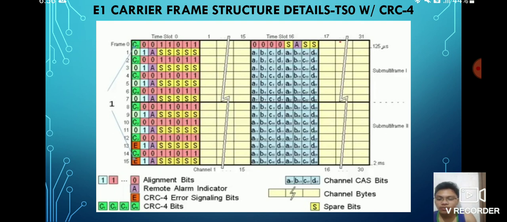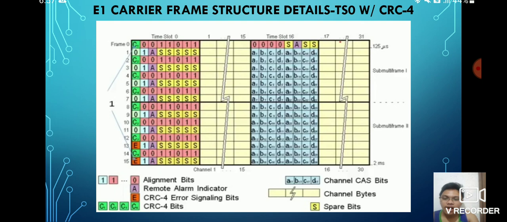The CRC4 multi-frame is composed of 16 frames numbered from 0 to 15. Each multi-frame is divided into sub-multi-frames (SMF) with 8 frames in each. The CRC4 block size is 32 by 8 by 8, which equals 2048 bits, or 2.048 kilobits.